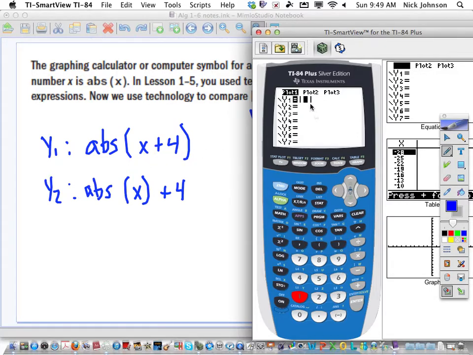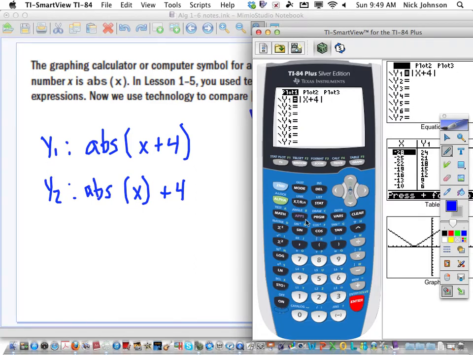Now, I didn't realize on my calculator, but it gives me the absolute value symbols. On your TI-83, they actually use parentheses, so that's what I was referring to. Mr. Johnson's not crazy. Okay? So you're going to type in x plus 4. And remember, we wanted those inside there, so that's fine. To get outside the absolute value, all you do is press your arrow key. Okay? So that one's taken care of.